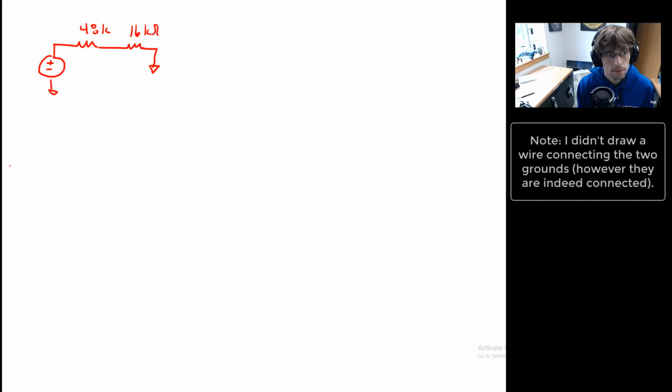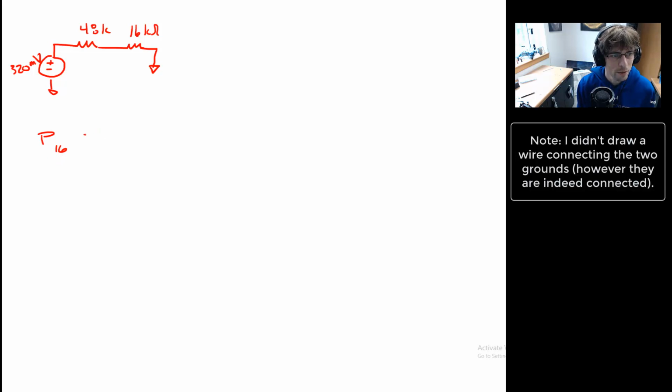Let's go ahead and look at the second part for a moment. The other situation where I connect directly my voltage supply to my 48 kilo ohm resistor, to my 16 kilo ohm resistor, and then connect it back to ground. So what is the power delivered to the 16 kilo ohm resistor for this situation?